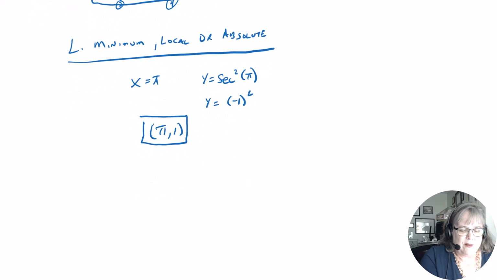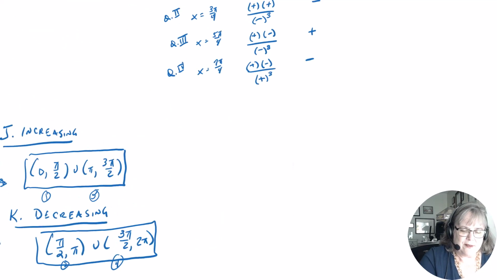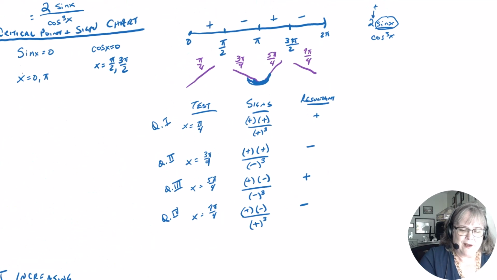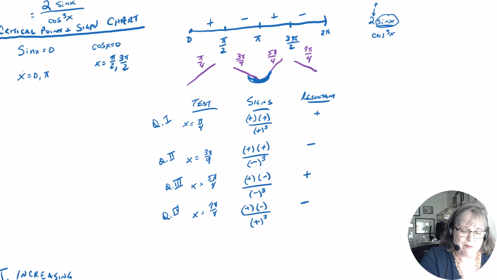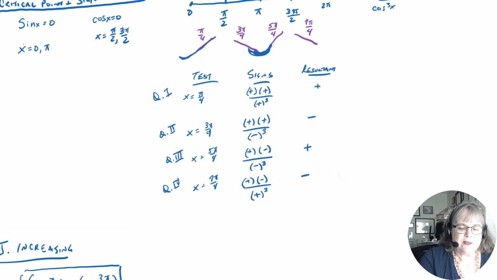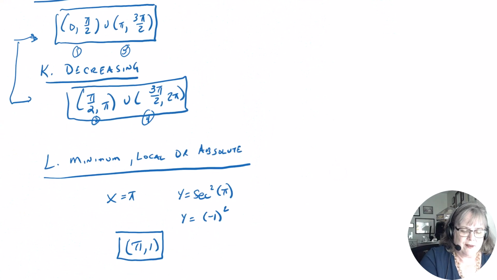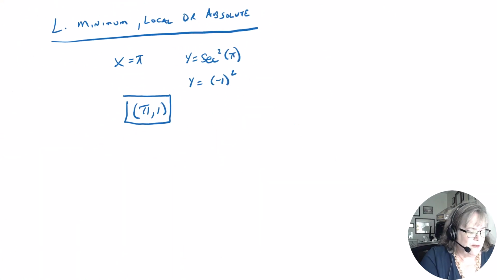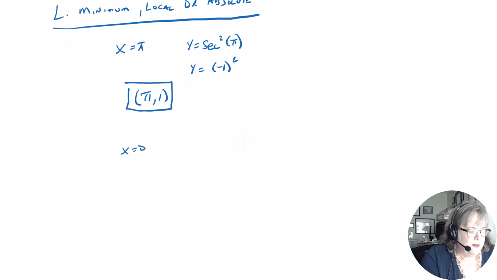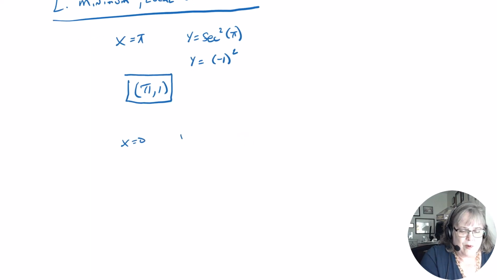Now, even though it's not necessarily looking like a valley, it's sort of like part of a valley right over here. 0 is the end of that interval, but it's included in the interval. So let's look at x equal to 0 for a second. When x is equal to 0, y is secant squared of 0. Remember, it turns out to be 1 squared.